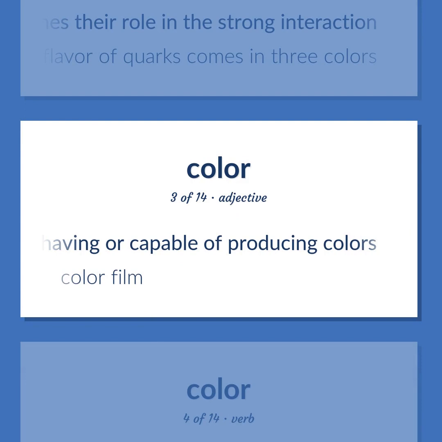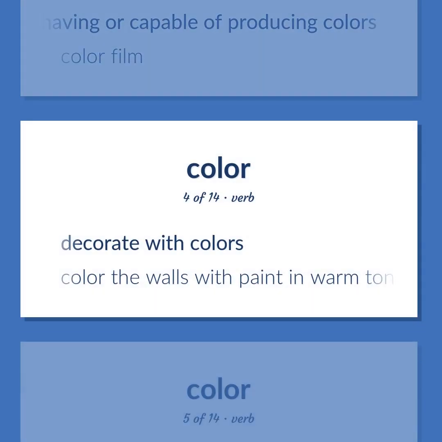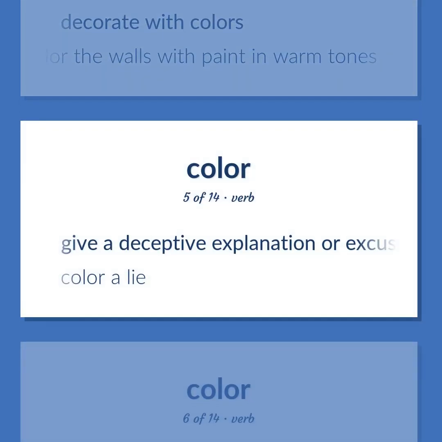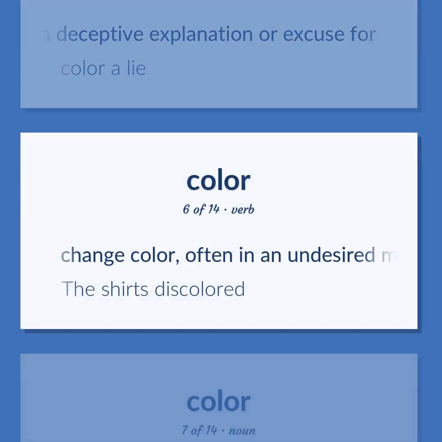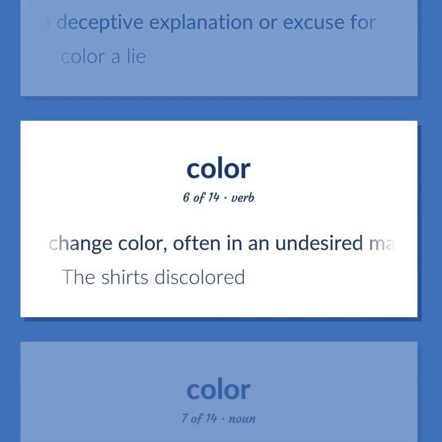Color film. Decorate with colors. Color the walls with paint in warm tones. Give a deceptive explanation or excuse for. Color a lie. Change color, often in an undesired manner. The shirt's discolored.